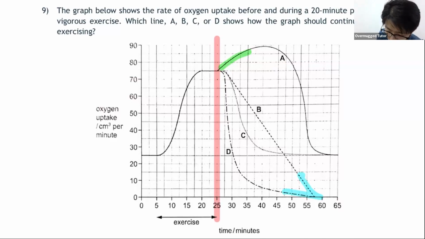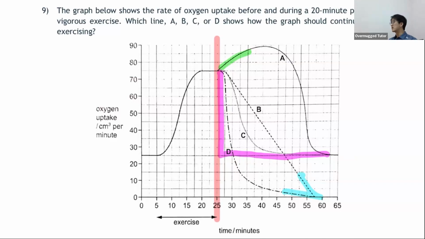Why does it not just immediately drop to normal? You stop running already, you don't need the additional oxygen, right? Why does the rate of oxygen uptake not immediately return to normal levels? Breathing rate and rate of oxygen uptake increase because you exercise.